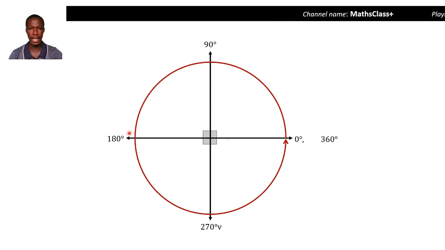When we get to the negative x-axis, we get 180 degrees. Remember, angles on a straight line is 180 degrees. And then we keep on. When you get to negative y-axis, we get 270 degrees, noting that our reference is the positive x-axis. When we make a complete revolution, we get an angle of 360 degrees. So that is how angles are measured in degrees.